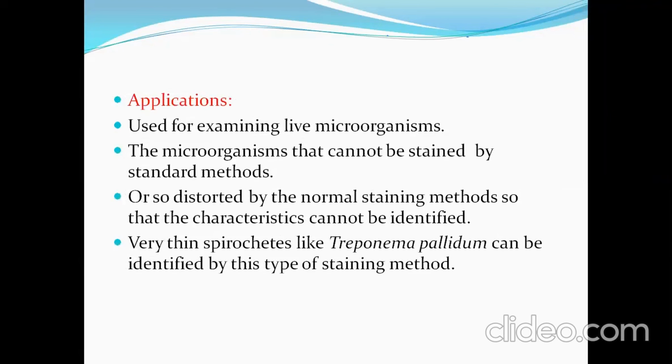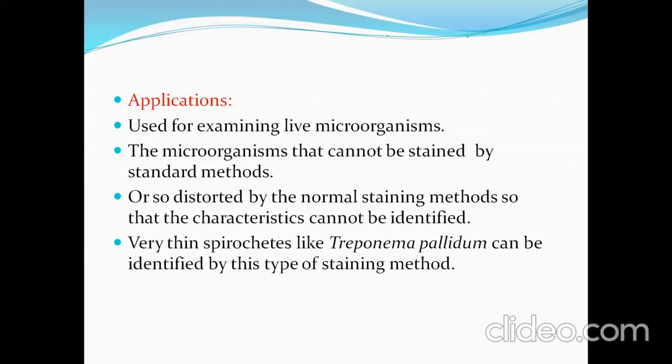What are the applications? It is used for examining living cells, and microorganisms that cannot be stained by standard methods or are so distorted by normal staining methods that their characteristics cannot be identified. In those cases, the dark field microscope is applied.